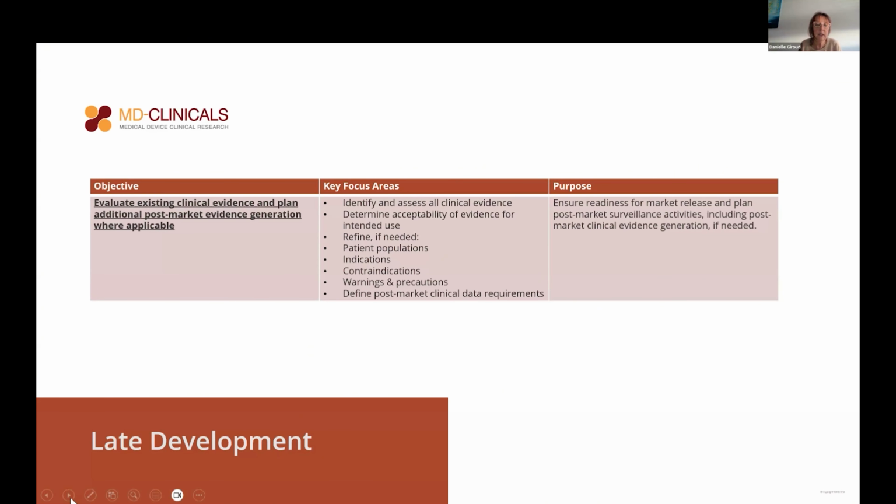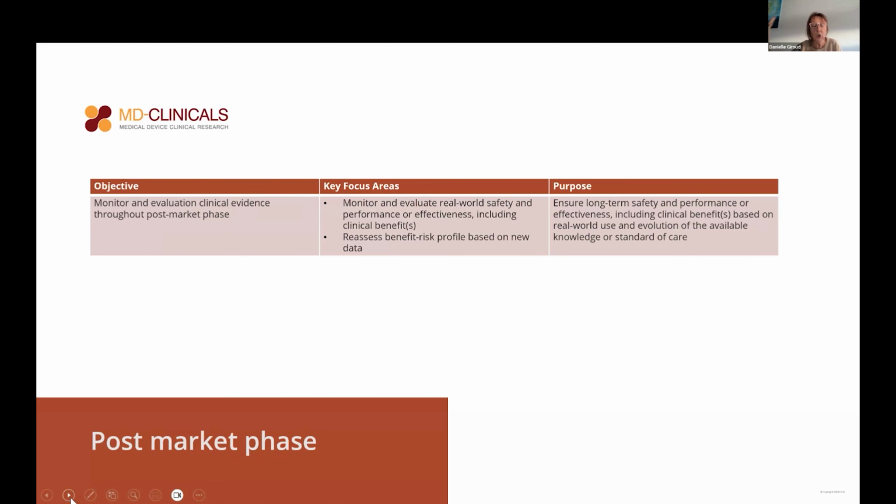And then the last phase is the post-market phase, where we continue to work with design and development where needed, with risk management where needed, with the regulatory people and so on, and we do the clinical part of the activities. So these are more or less the four phases that we take as a baseline, a backbone of how the process evolves over the product life cycle.